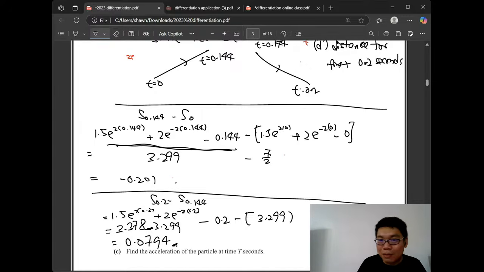Then we use the sum of these two. Wait. The value is 3.36? Let me check. Let me key again. Plus 2, negative 0.4 minus 0.2.